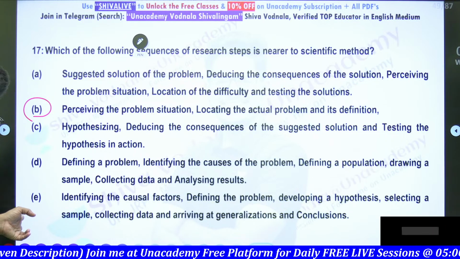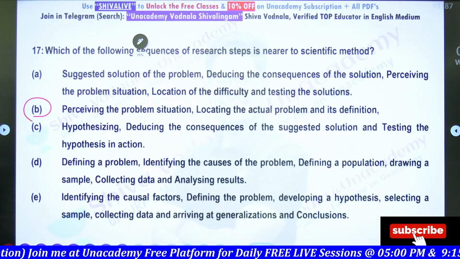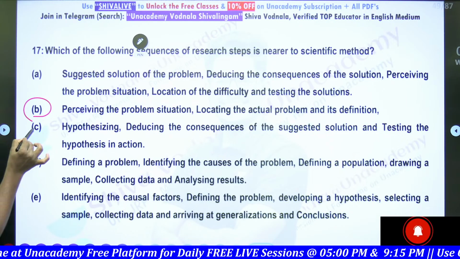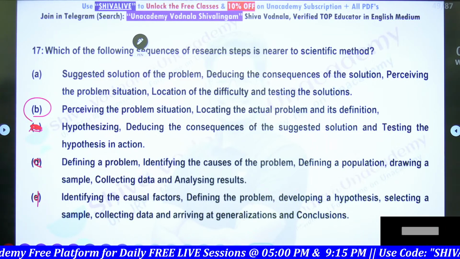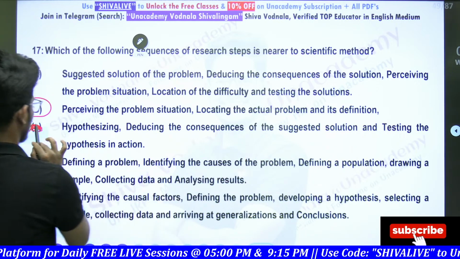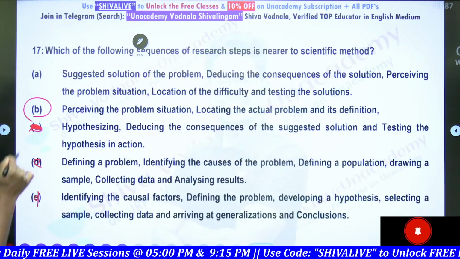I think in this question, wait, the options are going. Actually there is a typo error. This is C, this is D. So because this is a continuation of this one, option B is the given correct answer.